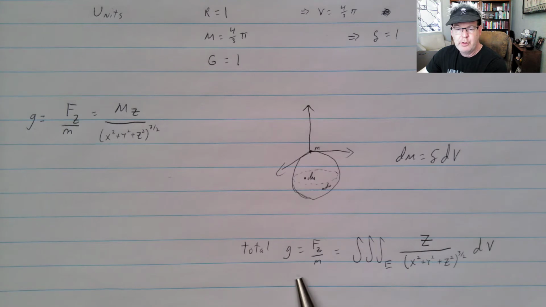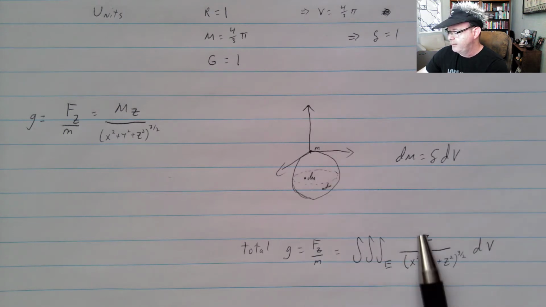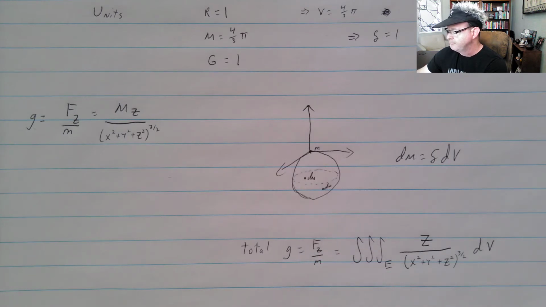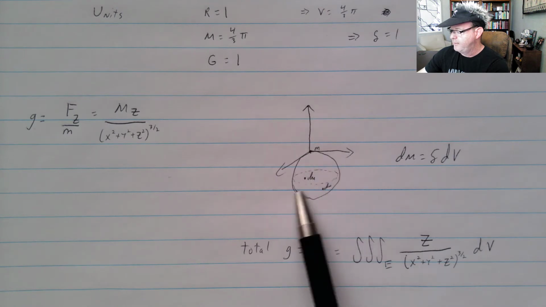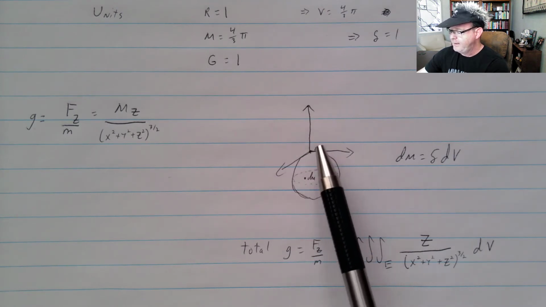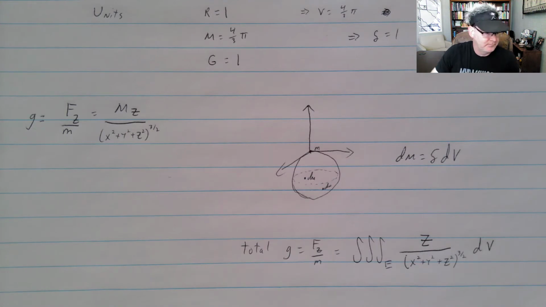The total z component of the force from all those masses would require a triple integral over the solid of the z component of each dm there. And again, this is with the point mass at the origin, and then I'm going to put the solid with negative z's, so that my point mass is going to end up being at the north pole of the shapes I look at.